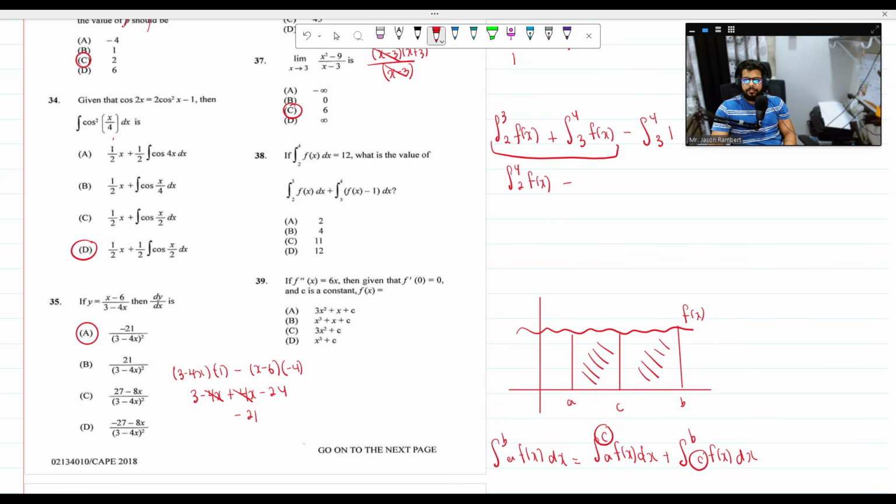Take away the integral between 4 and 3 of 1. So I'm going to get 12 take away something. Let me check and see what this is now. When I integrate 1, I'll get x between 4 and 3. 4 take away 3, that is 1. 12 take away 1, that's going to be 11.